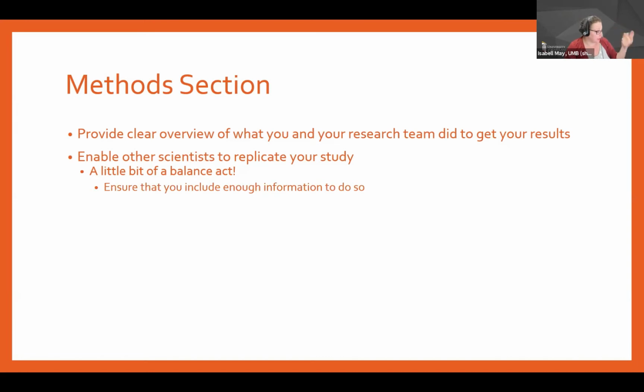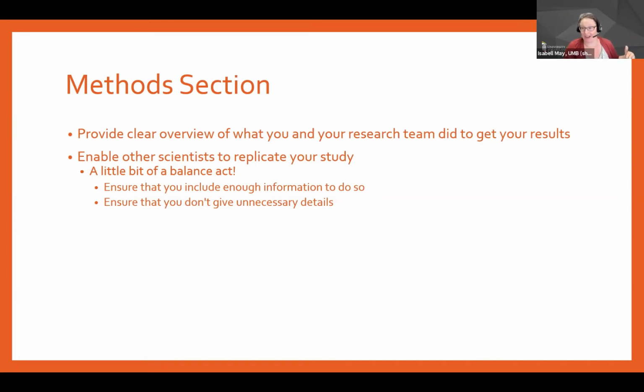So you want to include enough information to do so, but you also don't want to give unnecessary details. So Jeanette, with your question about a questionnaire, let's say you're using a questionnaire or a survey that somebody else developed, and you change some questions because they would fit your purpose more. You want to explain what you've changed, but if you have a 40-item questionnaire, please do not write out all 40 items.